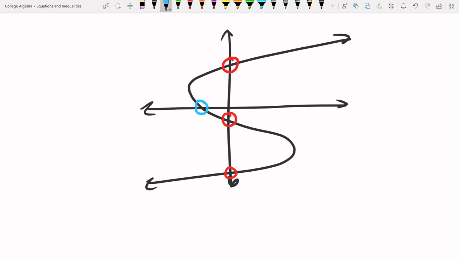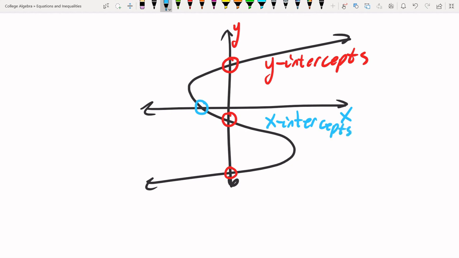The red points are where the graph crosses the axis, namely the y-axis. And if it crosses the y-axis, these are called the y-intercepts. The blue point, of course, is where the graph crosses the x-axis, and these are called x-intercepts. Intercept meaning where it crosses.